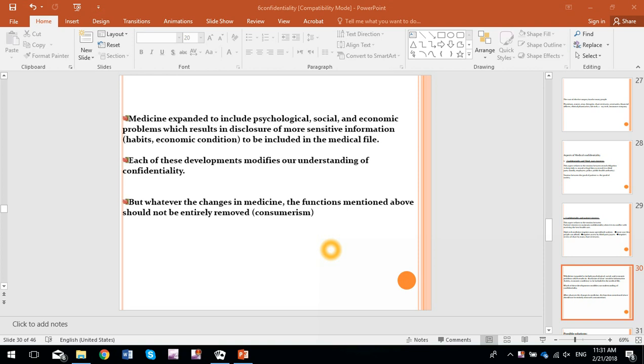Each of these developments modifies our understanding of confidentiality. Should all this information taken be confidential? This is the modification that appears due to the expansion of medicine to include all these components. But whatever the change in medicine, the function mentioned above should not be entirely removed.